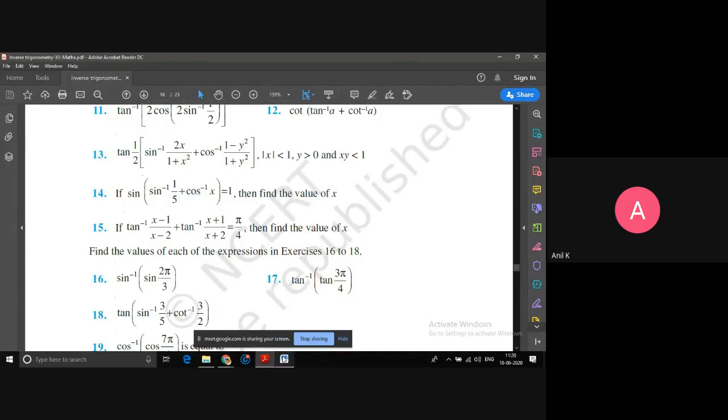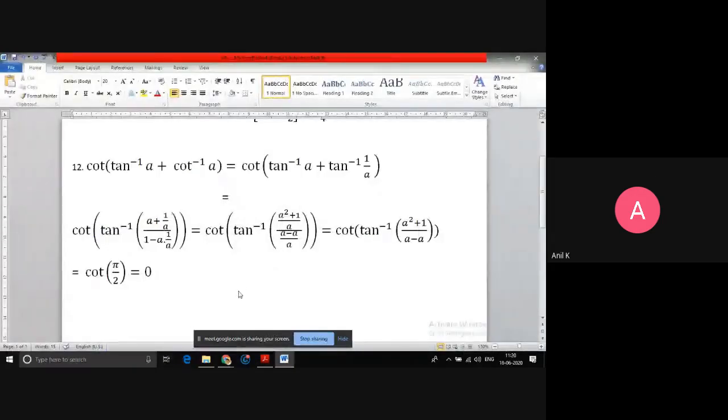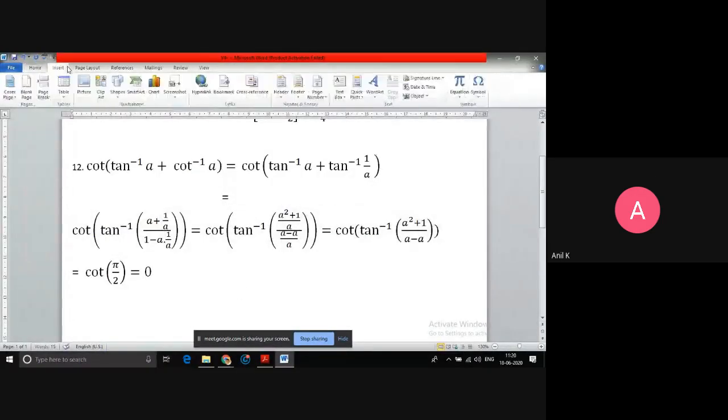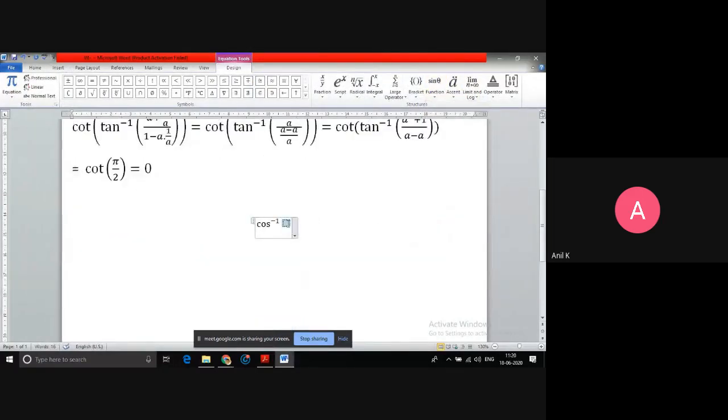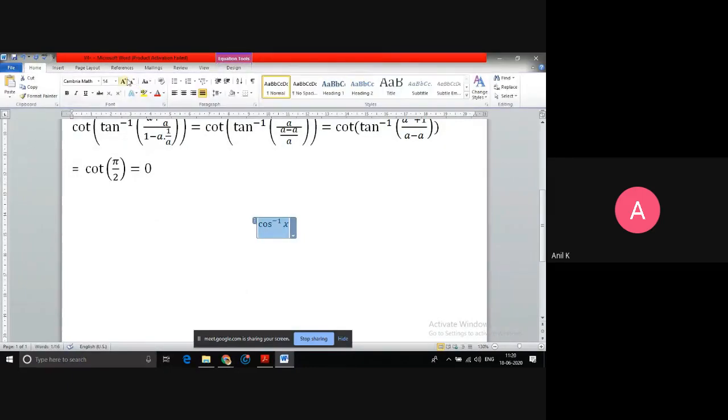Let me write here. This is cos inverse x, right? Let me increase the font size. You have cos inverse x given.